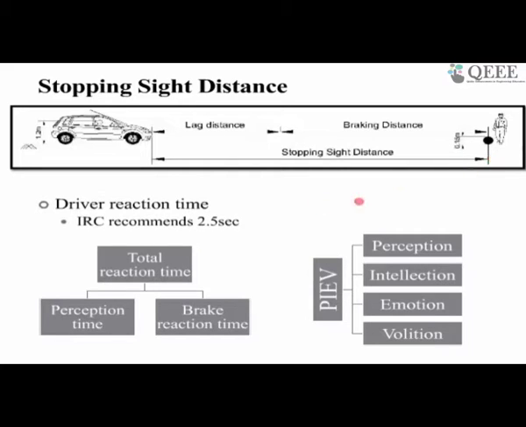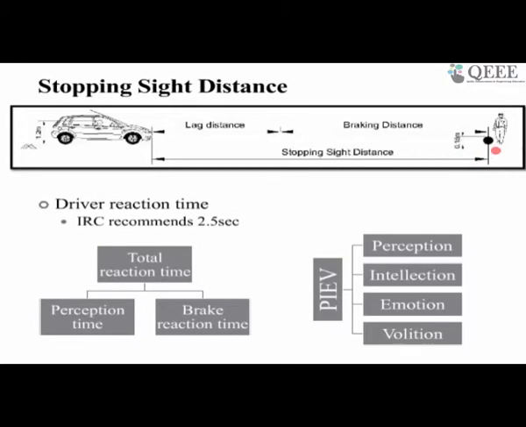As per the guideline, the height of the eye is at least 1.2 meter. If you are at a higher height, you can see far off, but 1.2 meter is the minimum height from which you can see. And the object height you need to see is about 0.15 meter or 0.1 meter around.